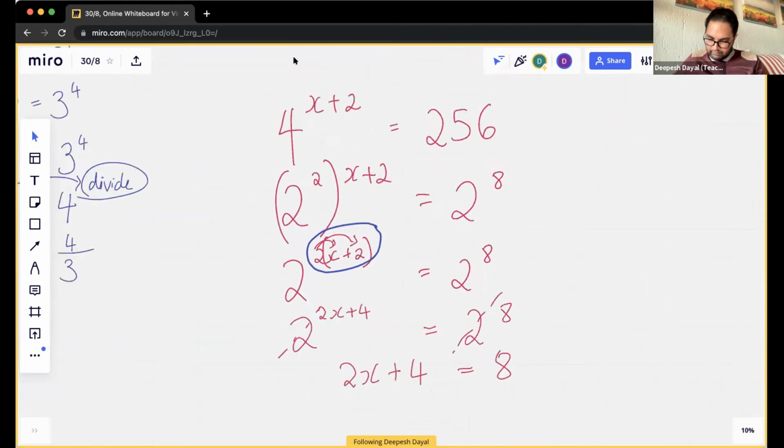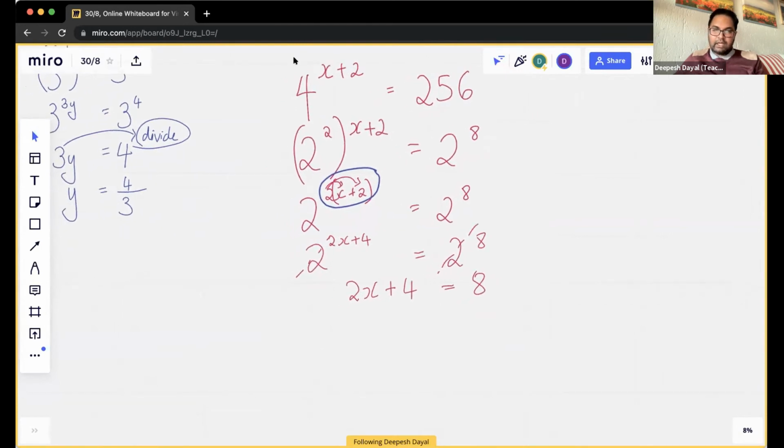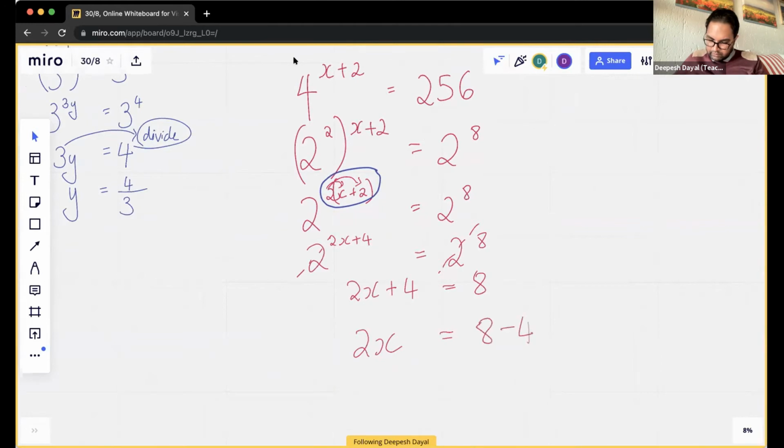And we're then going to say here, 2x equals 8 minus 4, because you take the 4 over. So 2x equals 4.